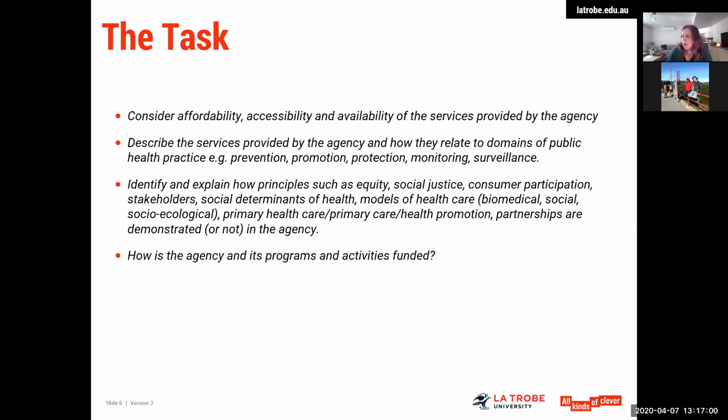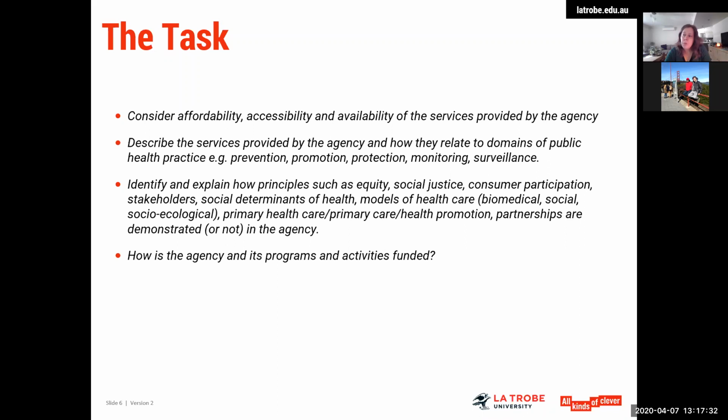Okay, a couple of other things to think about is to look at the affordability, accessibility, and the availability of the services. And so the affordability might be, for example, are they charging fees for their services? And if so, who can afford that? And perhaps who's excluded from being able to afford that and therefore access that particular service or that organisation.